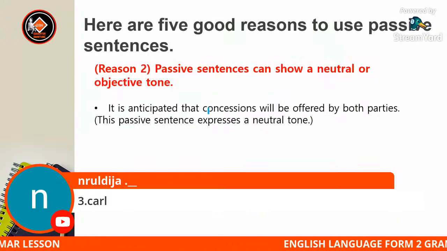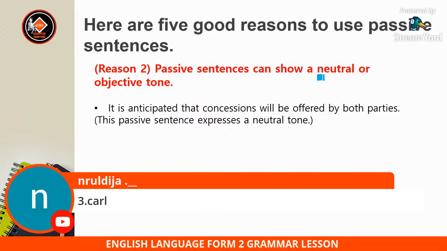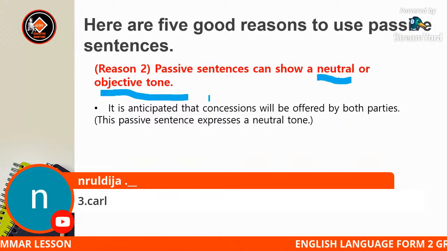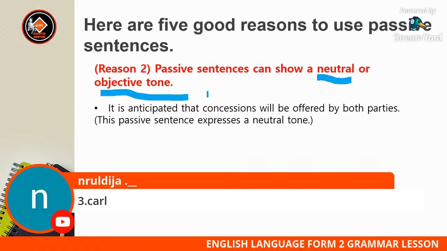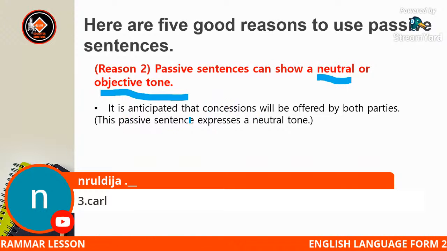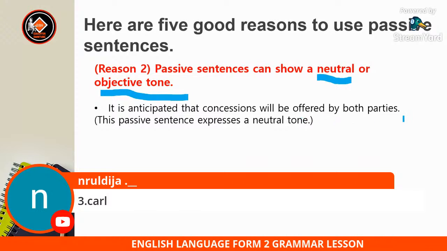Okay, next. Reason number 2, passive sentences can show a neutral or objective tone. So, nada dia adalah neutral. Dia tak bias, okay? It is anticipated that, okay, look at the first sentence. It is anticipated that concessions will be offered by both parties.